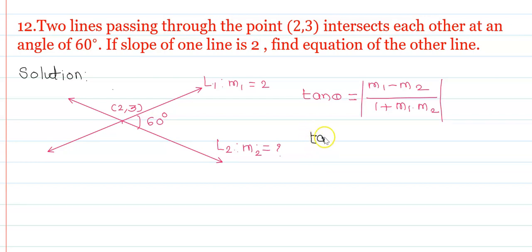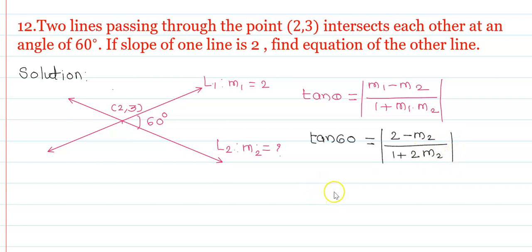The angle between them is 60, that is tan 60 is equal to the slope of the first line m1 is 2 minus m2 upon 1 plus m1 is 2, therefore we have here 2 times m2.